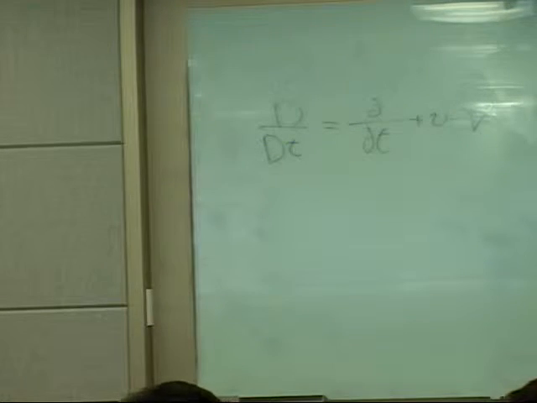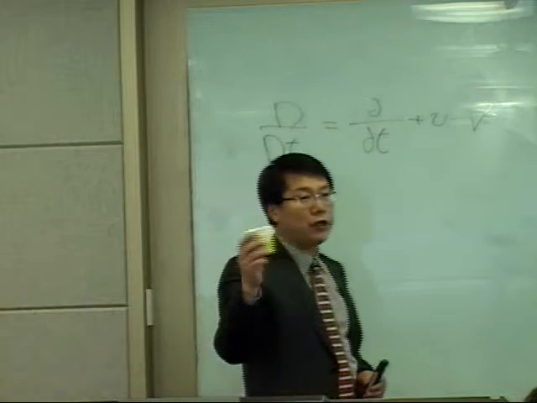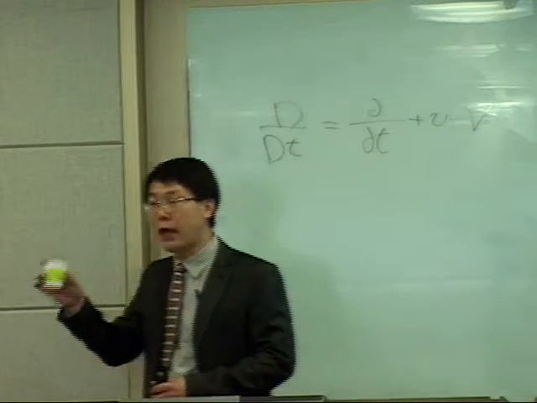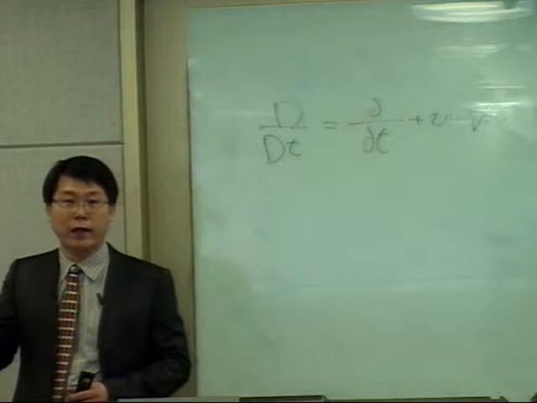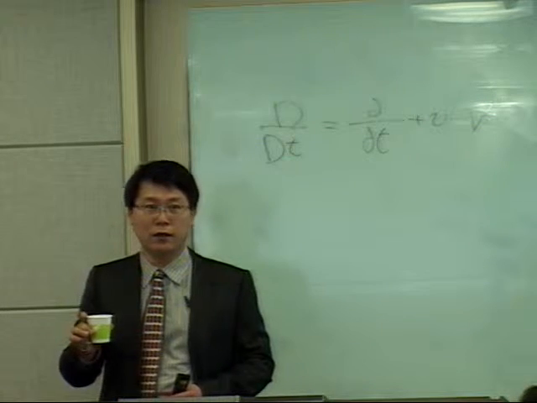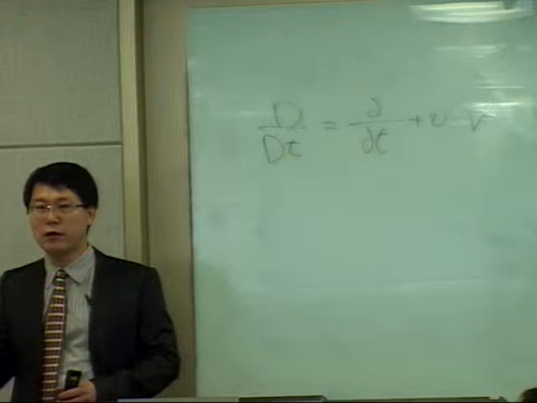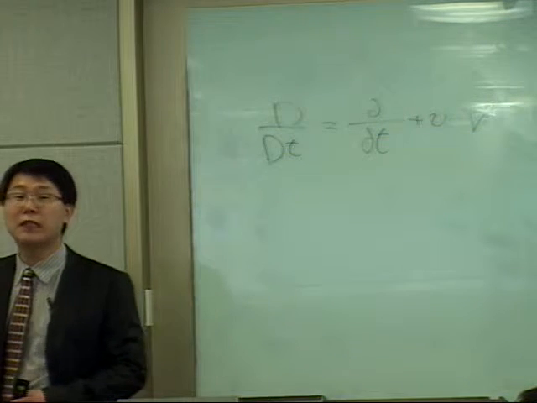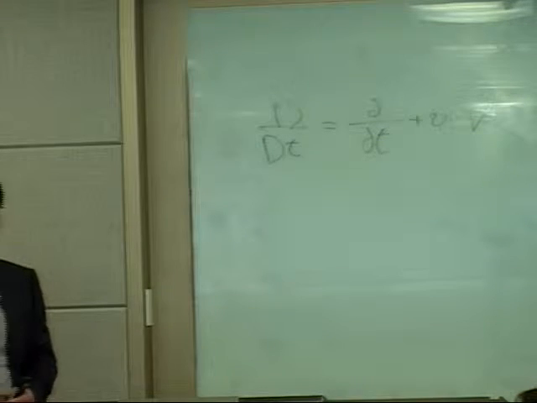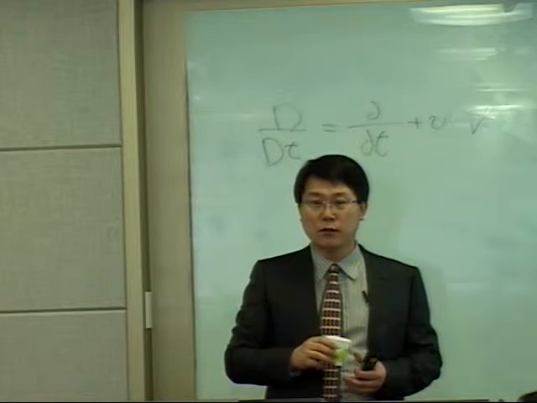We have green tea here, and we mix it by shaking it. Then we can observe flow, but this flow will stop within a minute. Why? Because viscosity tries to stop the motion. The fluid is dense, viscous, so the viscosity tries to stop the motion.